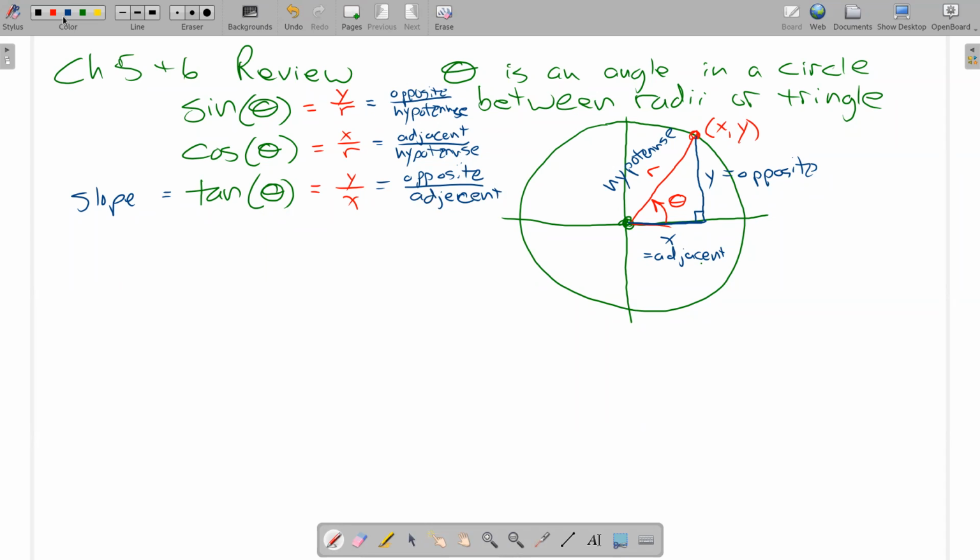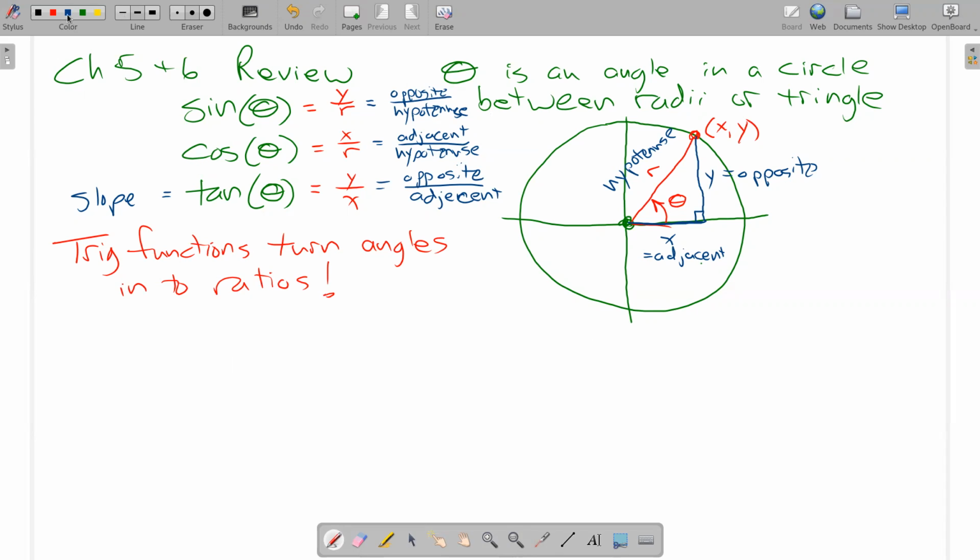So summary, what a trig function does is it turns an angle into a ratio. So that's what trig functions do. Different trig function is a slightly different ratio, but they're all the same angle in some triangle or inside some circle.